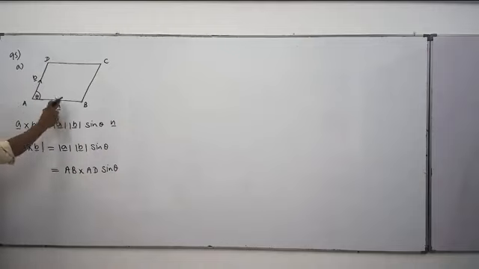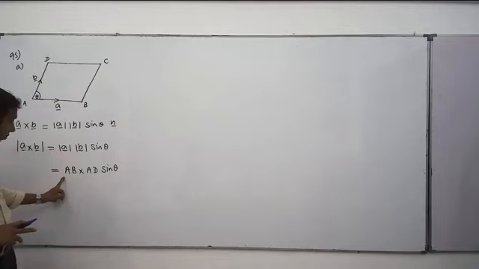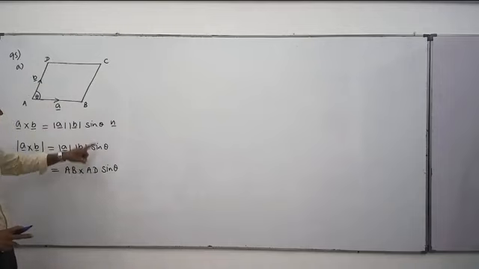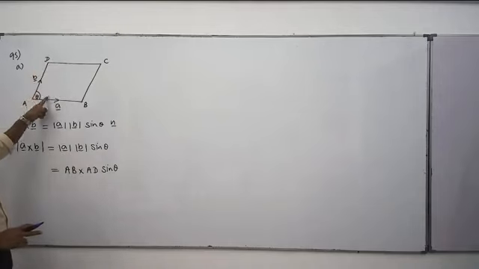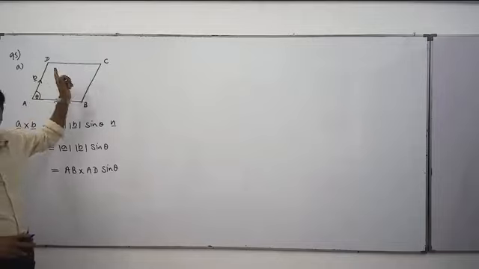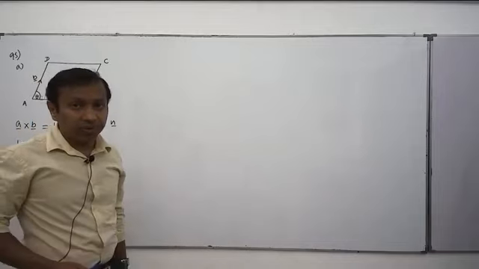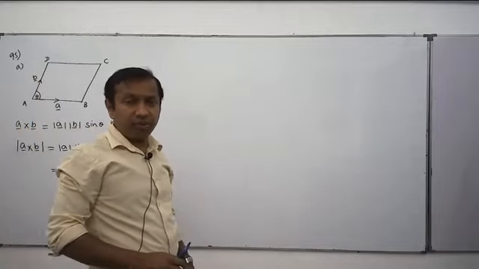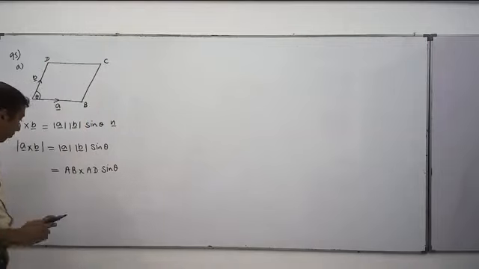People, what is this? AB, this side, multiplied by this side, sine theta. In the previous note, AD sine theta means this perpendicular height. AB multiplied by this perpendicular height gives us the ABCD parallelogram area.